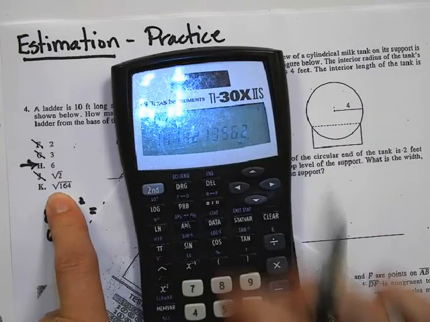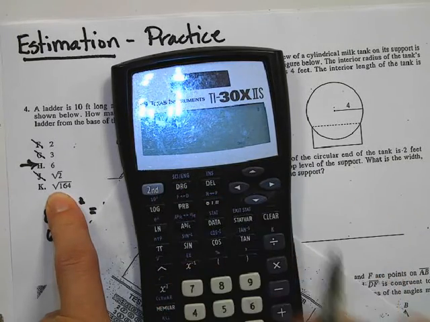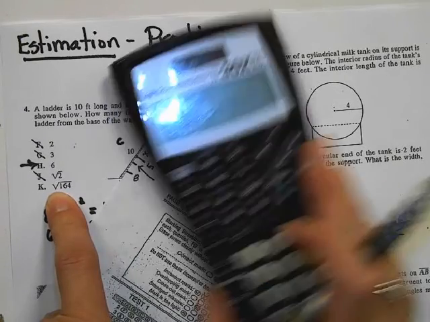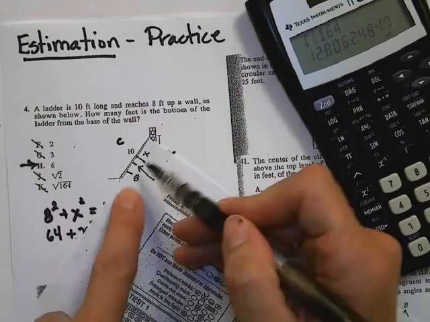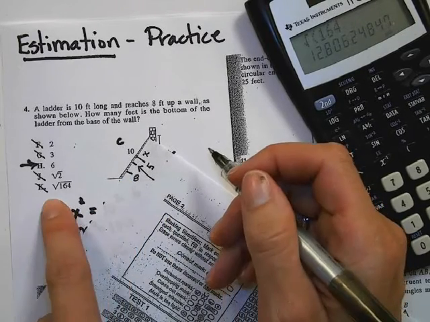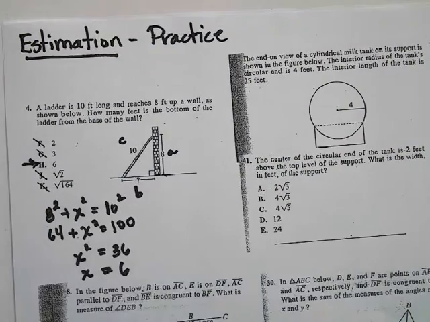I might want to stick in square root of 164. Square root of 164 is 12.8. Clearly not the answer. So just measuring using my scorecard helps me, because the pictures are drawn to scale. Alright, let's try another one.